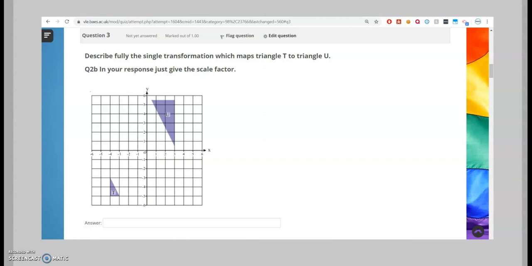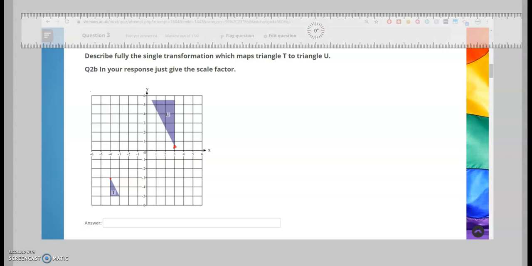So we'll pick similar corners. So this one is being presented here in the shape, so we're going to get a ruler out.